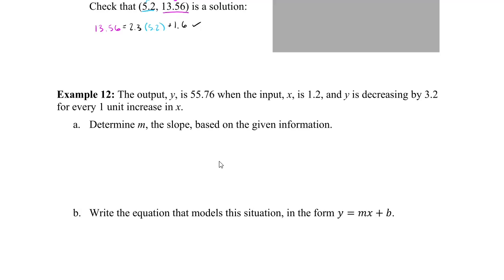In this example, we're told that the output is 55.76 when the input is 1.2. And then y decreases by 3.2 each time x increases by 1. So again, I'm going to organize this given information into a little table. I'm told that when x is 1.2, y is 55.76.